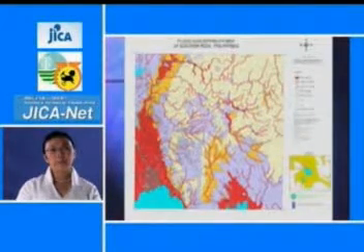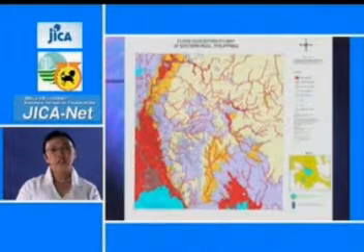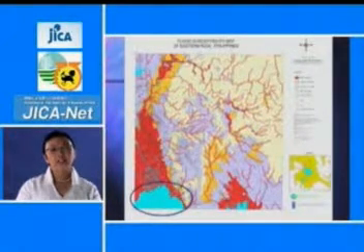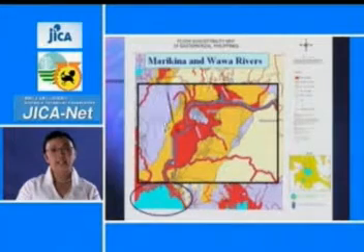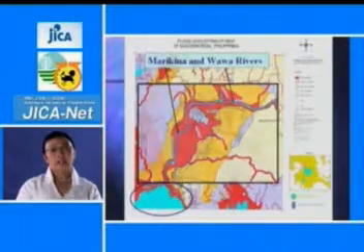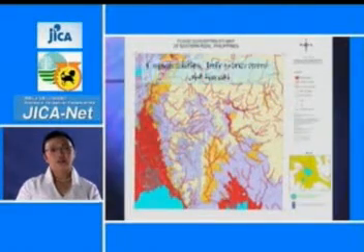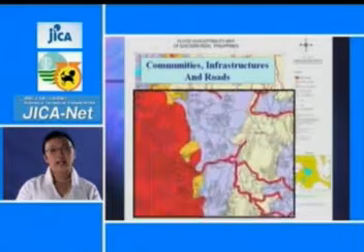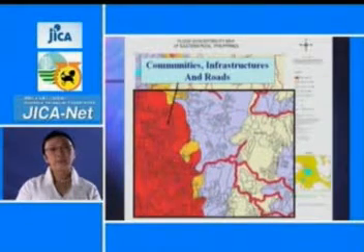In this map, you will see the Laguna de Bay, as well as rivers such as the Marikina and the Wawa rivers and its tributaries. Lastly, these closed polygons and lines represent the built-up communities, infrastructures, and roads in the area.